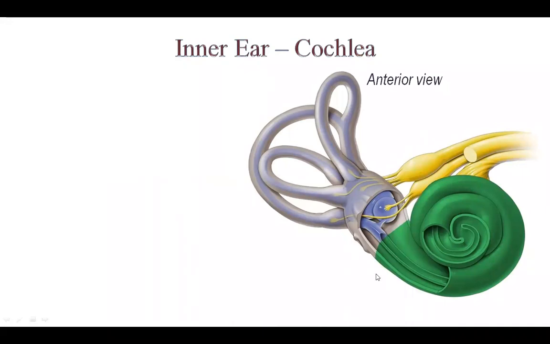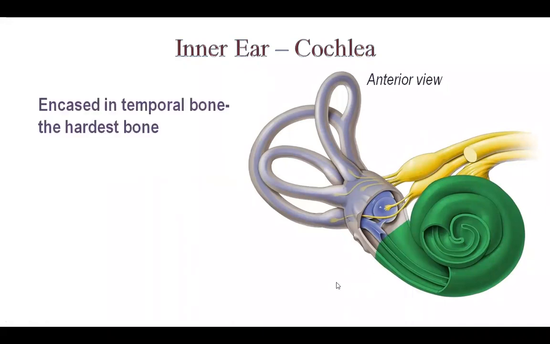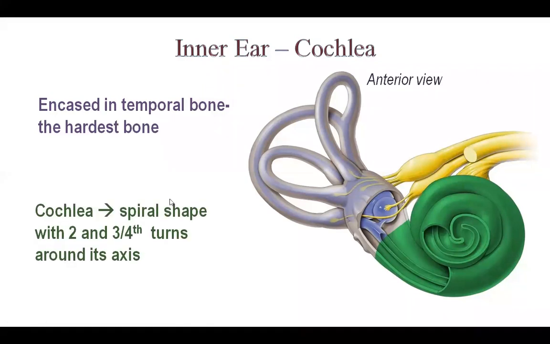Let us see each in detail. This cochlea is encased in temporal bone, which is one of the hardest bones in the body. This cochlea is spiral in shape and constitutes 2 3/4 turns around its axis.